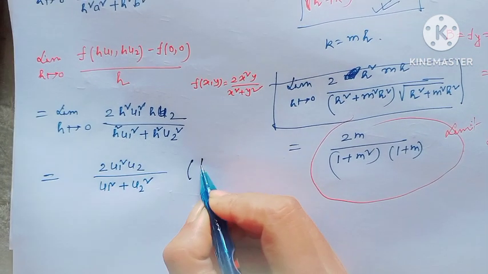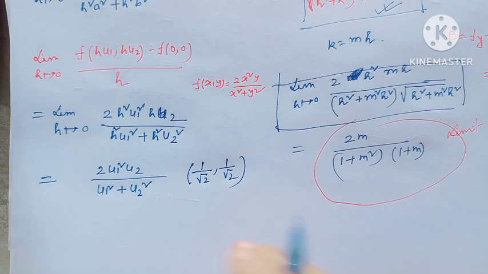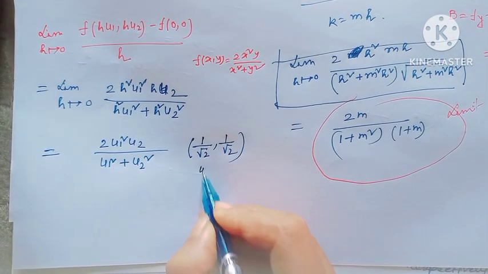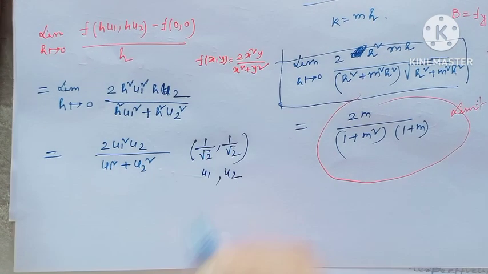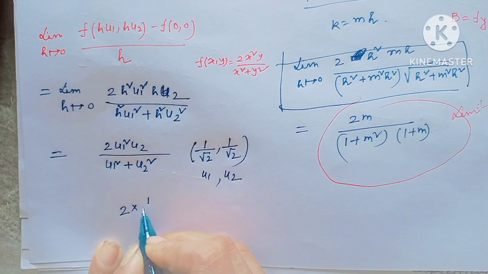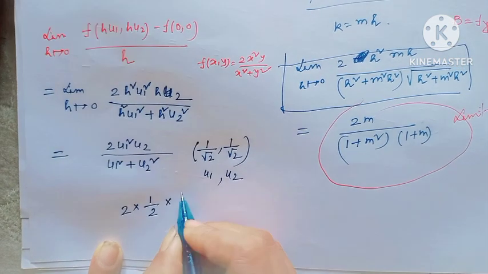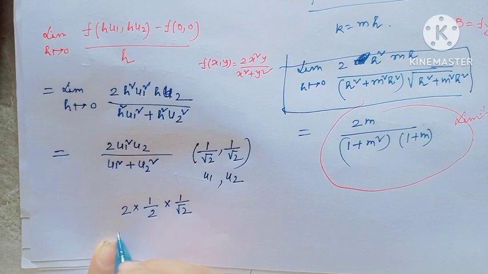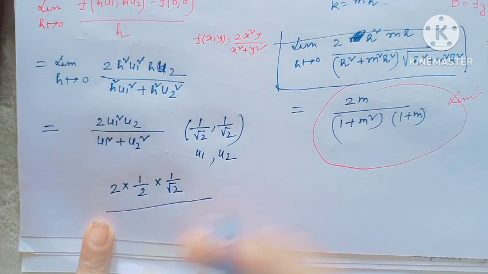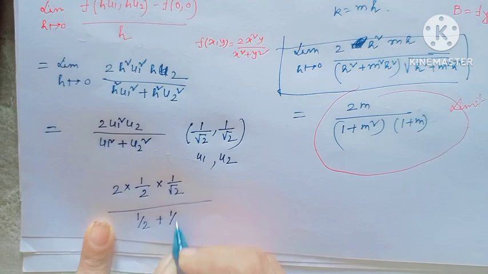And in the direction (1/√2, 1/√2), here u1 is 1 over square root of 2, and u2 is also 1 over square root of 2. So this value would be 2 times 1 over square root of 2, where u1 squared means 1 over 2 and u2 squared means 1 over 2.